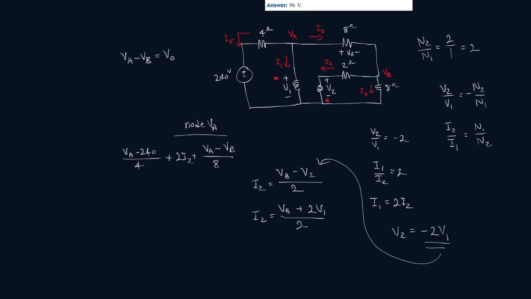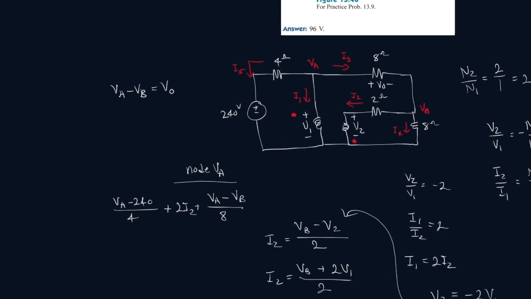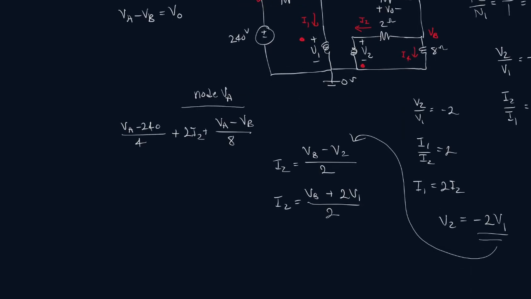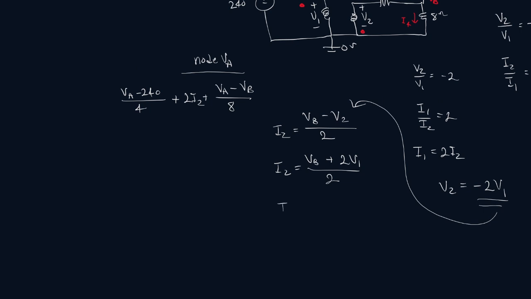And then notice what we see: V1 will be equal to VA, because this is grounded here, so this is 0 volts. So that means the voltage of this inductor has to be equal to VA. So V1 is actually VA, and we can just put that into here.